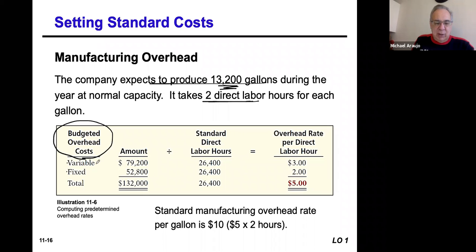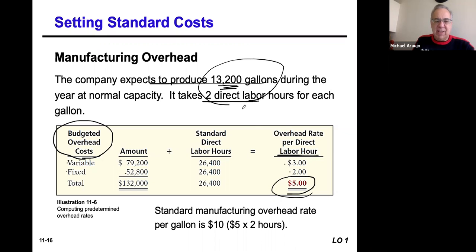So when you have variable costs of 79,200 and you divide it by the labor hours, 26,400, that means the overhead rate per direct labor hour for variable is $3. For fixed, it's $2. So for the total amount of overhead, $5 per direct labor hour.